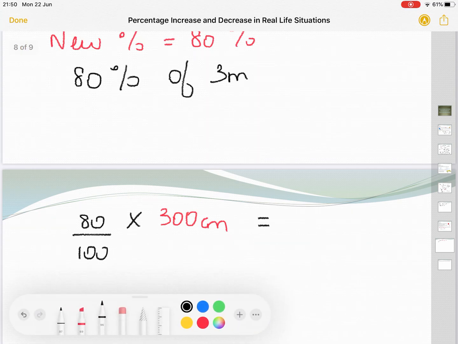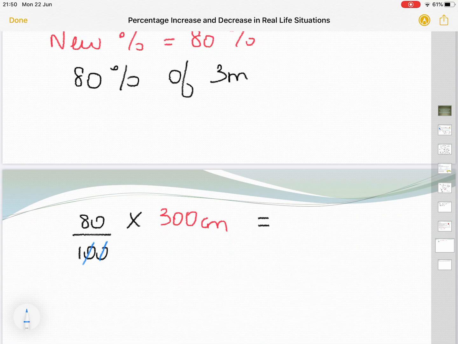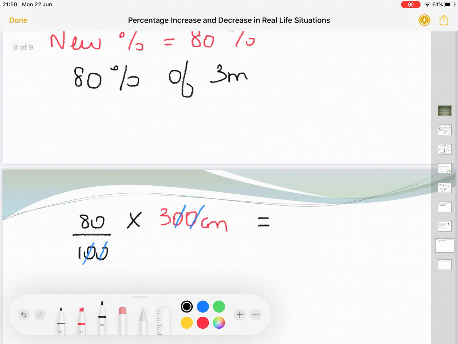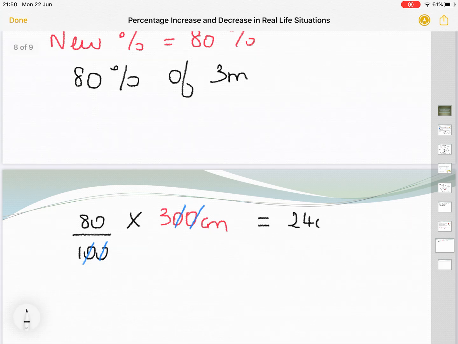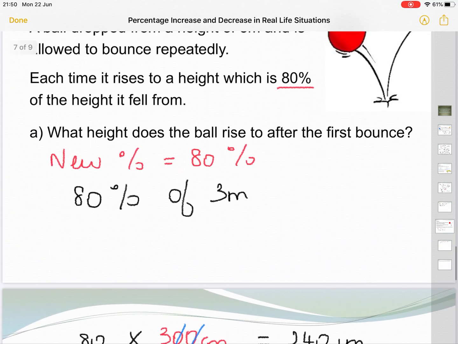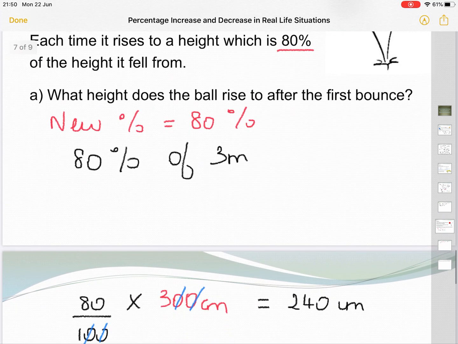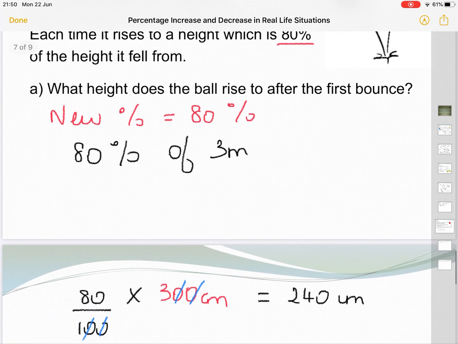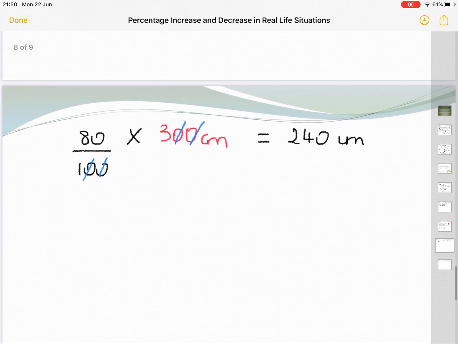So if I cancel the zeros of the 100 with the zeros of the 300, I end up with 8 times 3, 240 centimeters. So after the first bounce, the ball is going to rise only 240 centimeters.